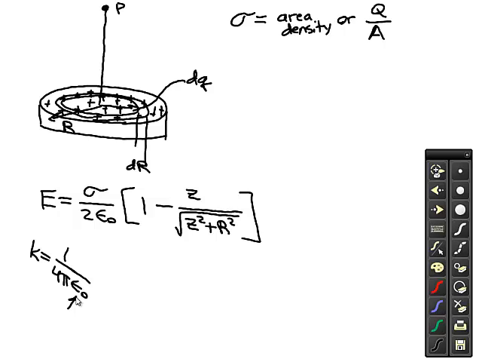All right, so there's some problems in the assignment where they're going to assume you know this equation. Z is still your distance above the center of the disk. R is the radius of the disk.